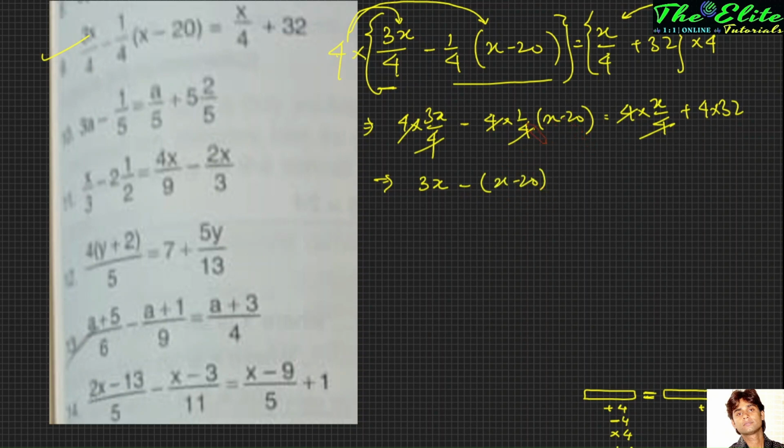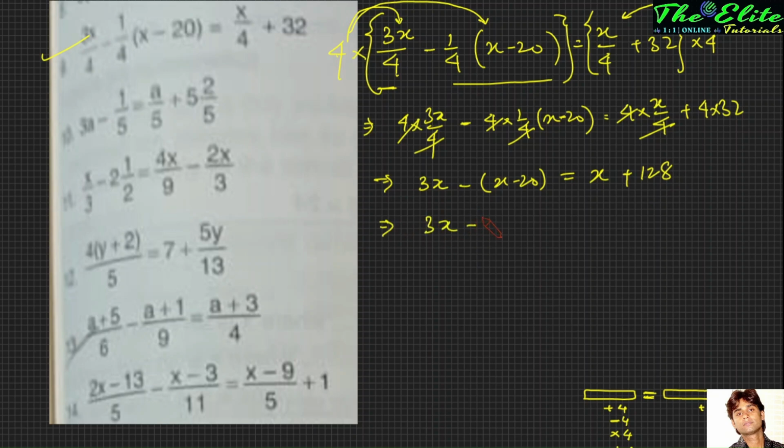Be careful because minus is outside the bracket and inside the bracket there are numbers having plus sign or minus sign. You have to be very much careful. So please use one more step to avoid any mistakes. Here it is x and here you multiply this. What will you get? 128. Now we can remove this bracket.